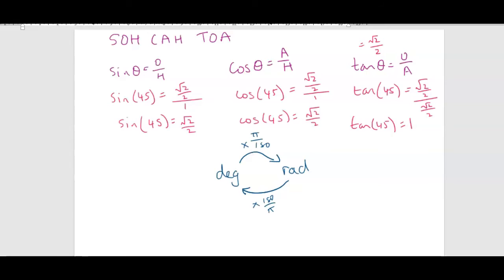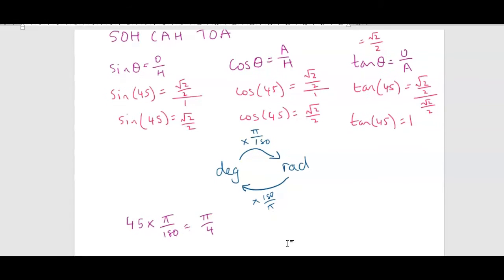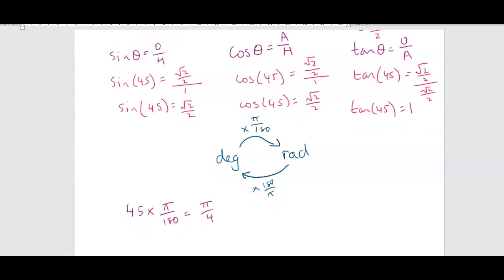So for 45 degrees, we multiply by pi over 180, and that gives us pi on 4. So basically what we have just done up here in pink, you can replace all the 45s with pi on 4.